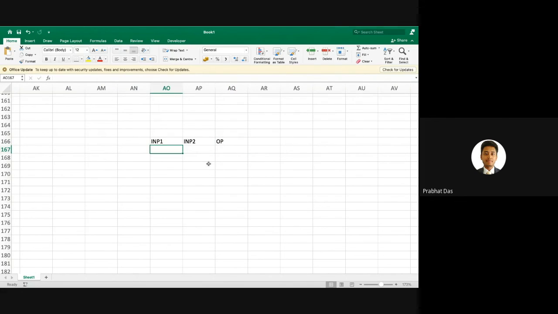If you are supplying a positive integer or a true value, let's say this is true, which is generally marked as 1, and this is false, 0, then you will get the resultant output as false.